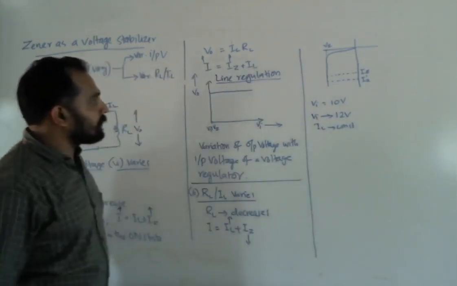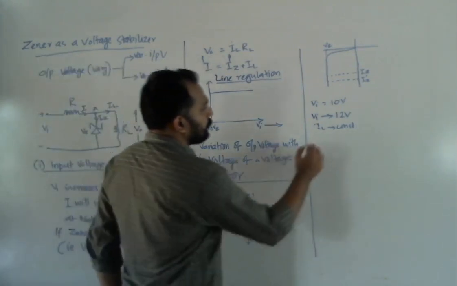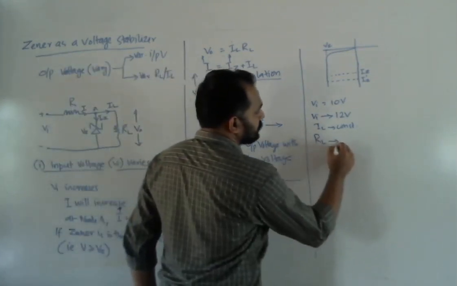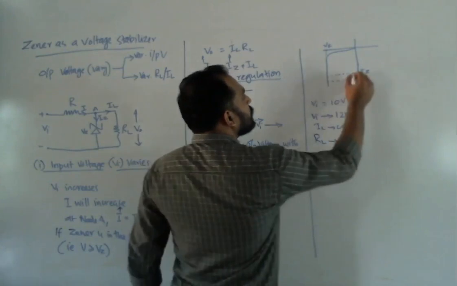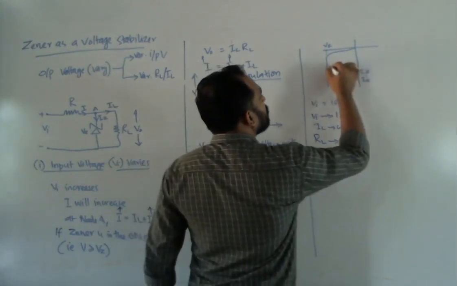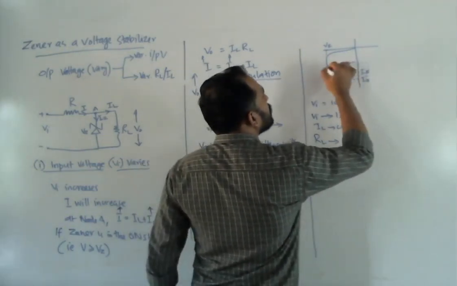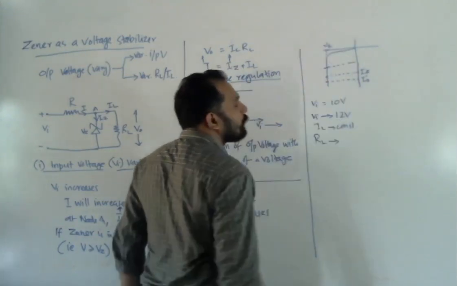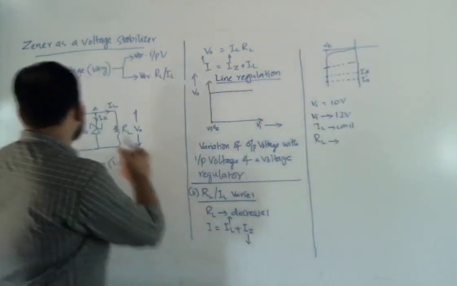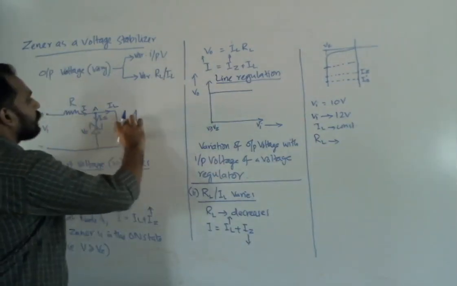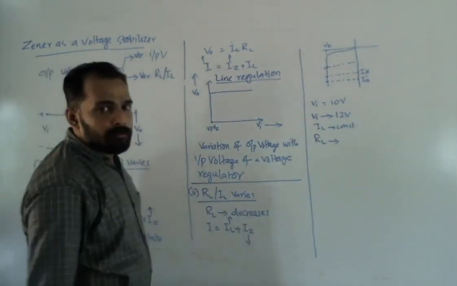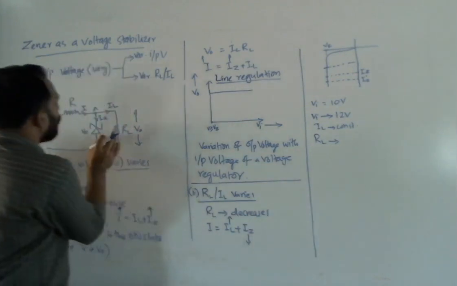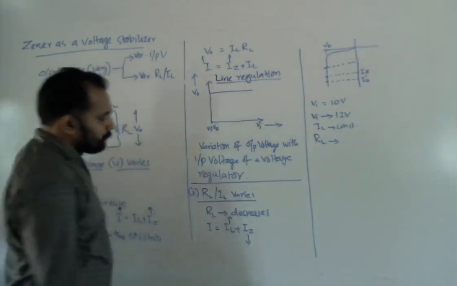Similarly, if you consider this one, when the load resistance is decreased, then Iz from this position will be decreased to this value. Still the voltage across the Zener in all these cases is Vz. If the voltage across this one is Vz, then the output voltage will also be Vz, because these two are in parallel.